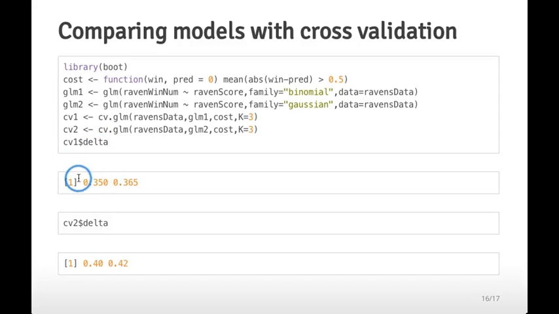In this case, GLM1, which is the logistic regression model, actually has slightly lower cost for both of the different folds than the GLM which uses the Gaussian model, which fits just a linear model relating the win to the score. So that actually has a slightly worse prediction. So in this case, using a binary outcome and logistic regression seems to work a little bit better. You could do this in general with multiple GLMs by calculating the cross-validation scores for each of the different GLMs and comparing them.